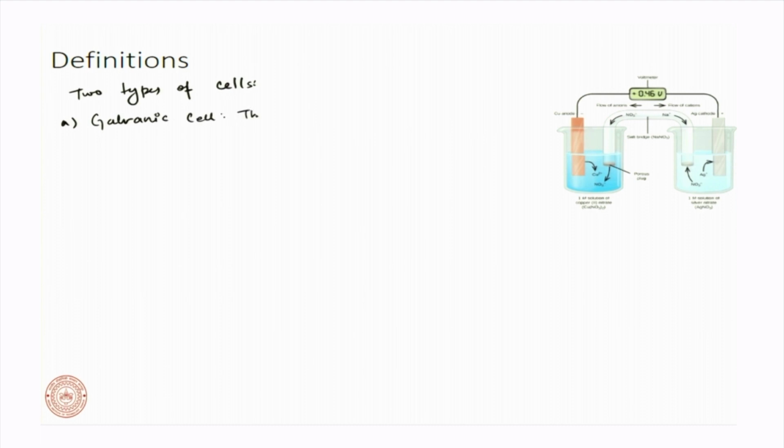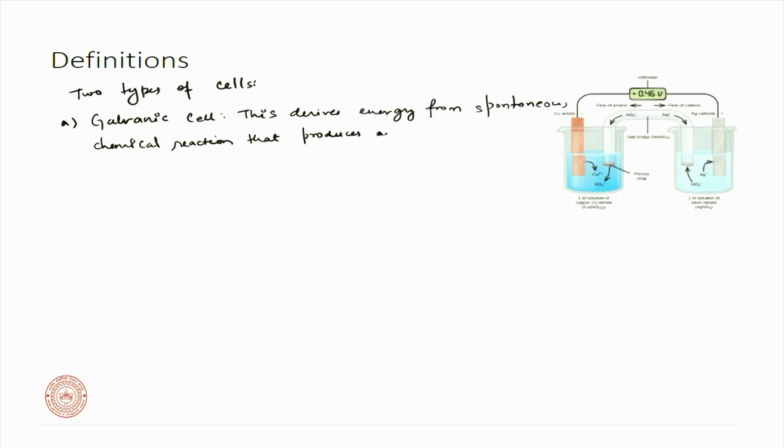This derives energy from a spontaneous chemical reaction that produces an electric current in the external circuit.